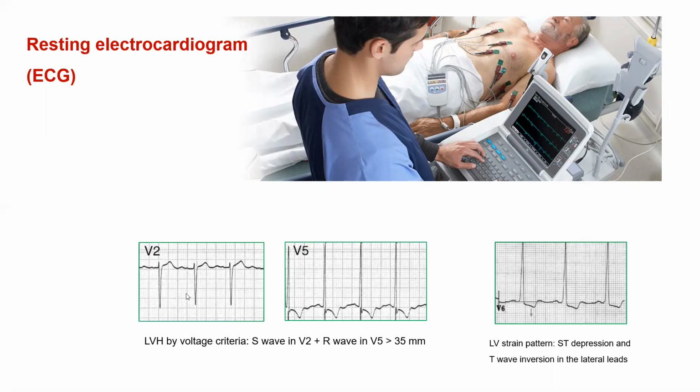These are the deep S wave in right chest leads such as V1 or V2, and we add the amplitude of the R wave in left chest leads V5 or V6, and if the sum of the above mentioned amplitudes exceeds 35 millimeters, this is a diagnostic criterion for left ventricular hypertrophy.